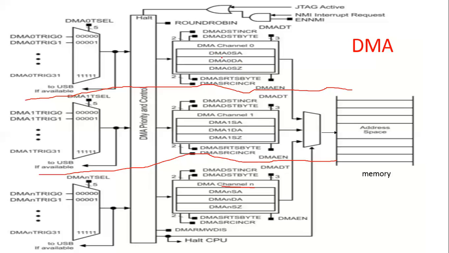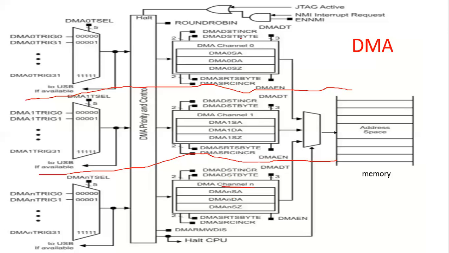The same thing is here: DMA source address, the DMA 0th channel's DMA 0 DA destination address, and DMA 0 SZ means size. So source address, destination address, size of the data. These are the three registers available in channel 0. Similarly channel 1, and similarly channel N.